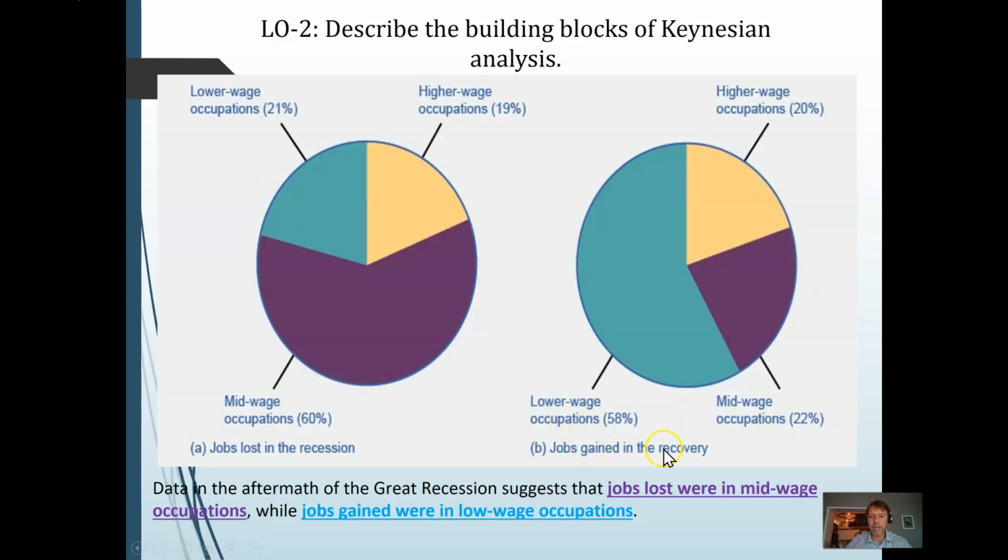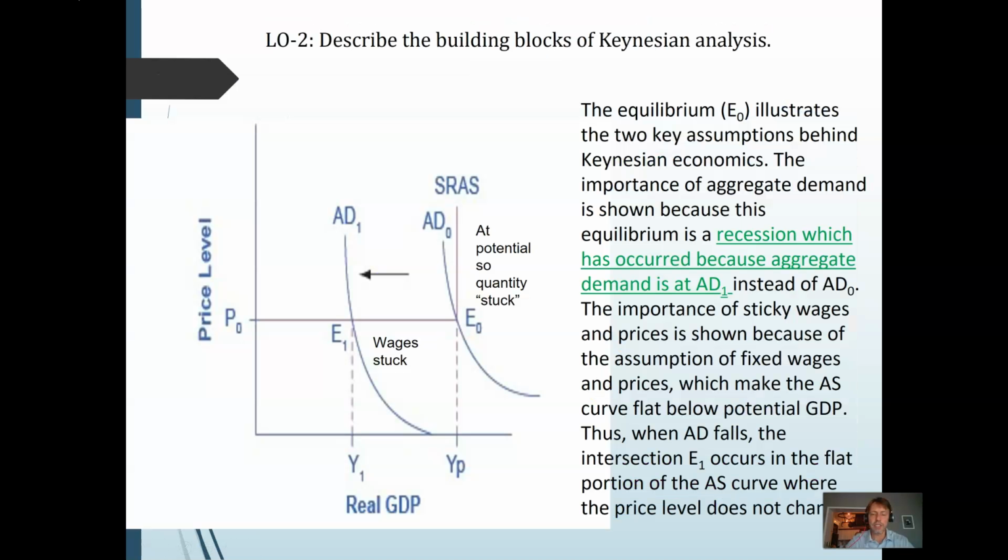When jobs came back after the recovery, 58% of them, or the majority, were actually low-wage occupations, and about the same number of high-wage as were lost, but much smaller mid-wage. And so some of these mid-wage earners, when they were able to get back to work, were earning less than they had been beforehand. And that's a concern about the impact the pandemic could have long-term on some folks.